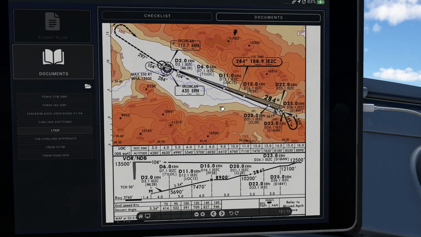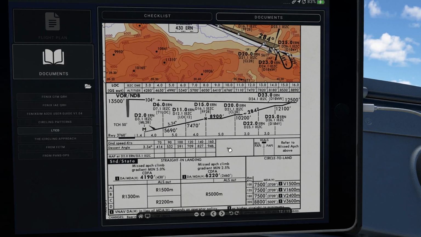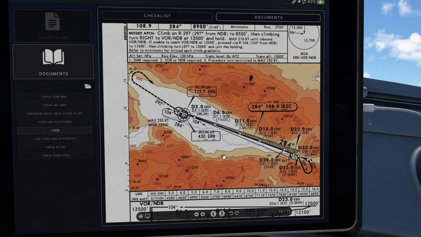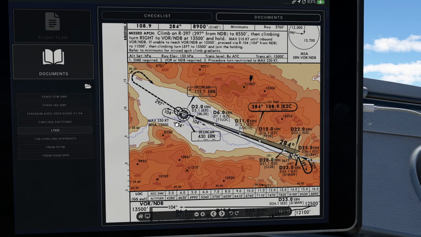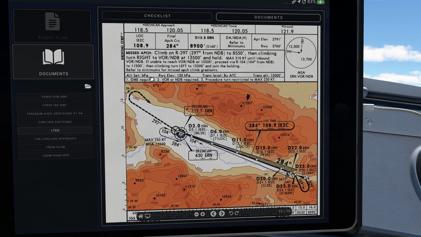And also we have the circling area. Based on this MDA, whenever we do the time check for returning to runway 10, we are going out of the circling area, and that is the second problem. The third problem is the minimum missed approach climb gradient.